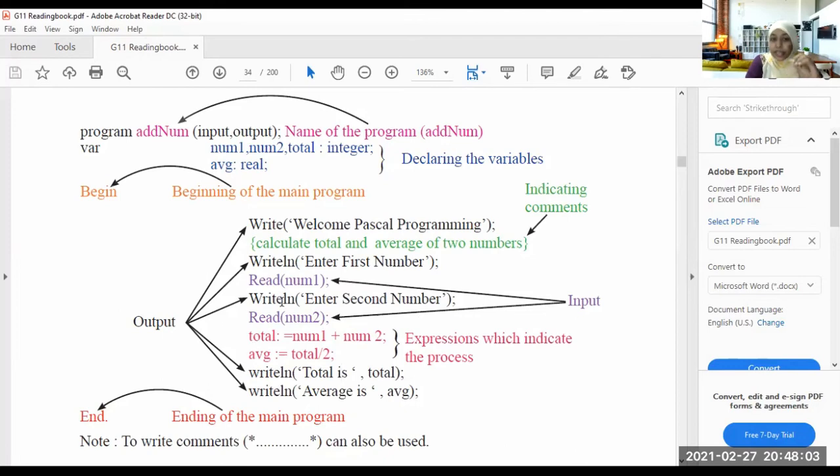After it reads two numbers, then it calculates the total, then it calculates the average. Next line, I am telling total is within single quotation, total is, comma, here you should output the total, this one, this total. Same spellings should be there.